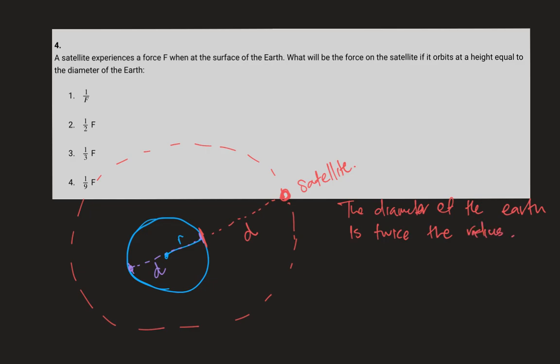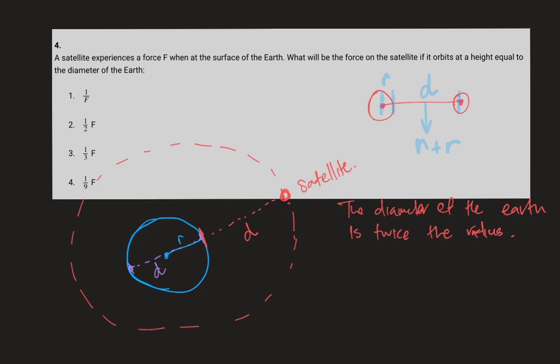Now, remember, when we do forces, we work from here to here. So technically what I've got now is this little portion there, and that little portion there. This little portion is a radius, and that portion is a diameter, which is actually an r plus an r.